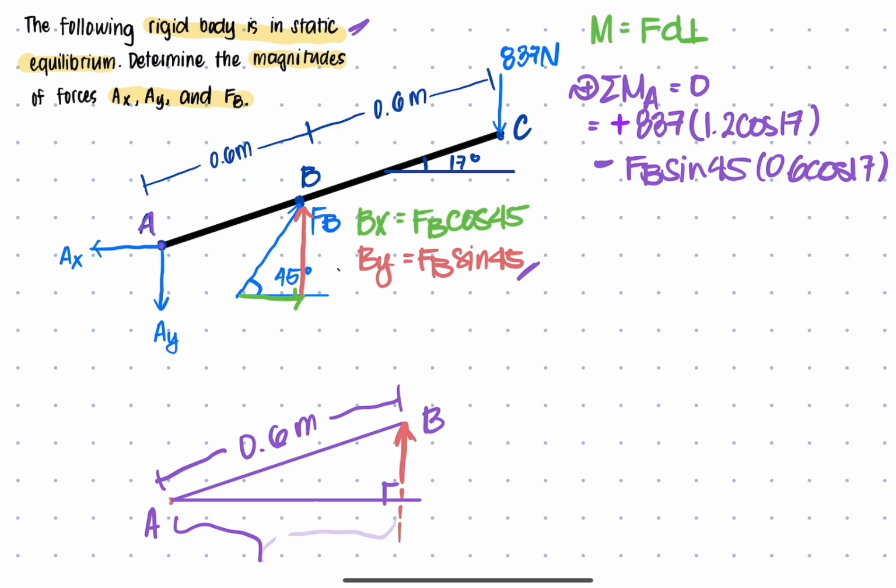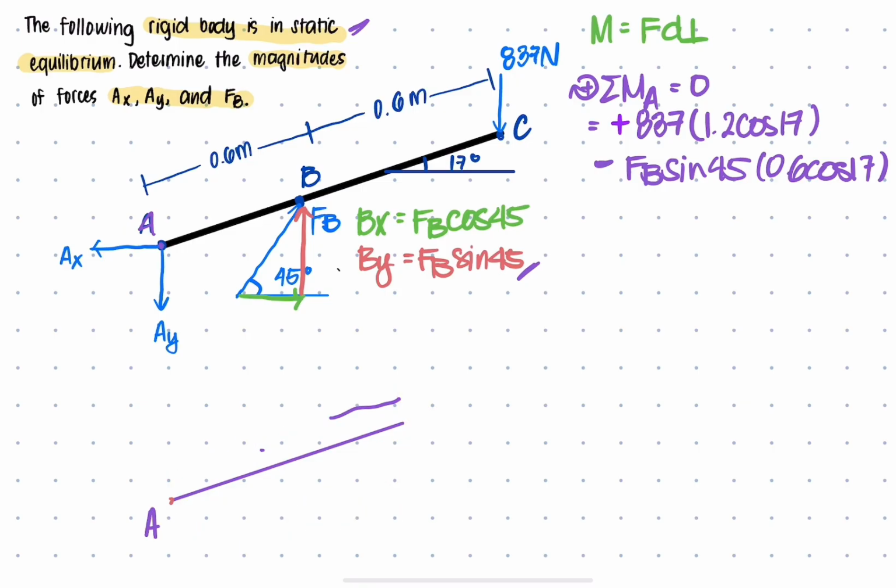Okay? Last naman nating force na i-consider for this equation ay yung x component ng force that is acting on point B. At ito yon yung color green. Diba? Si BX. Okay?